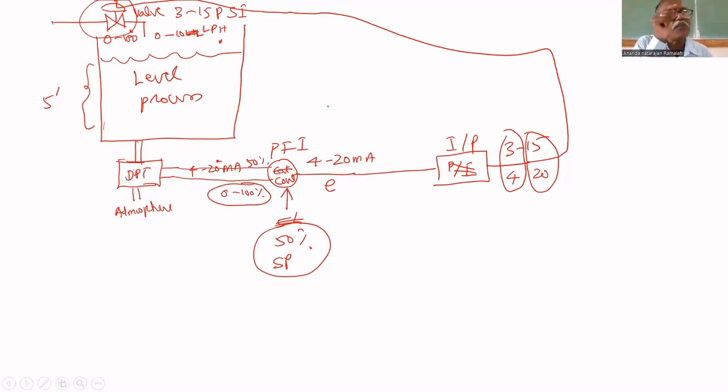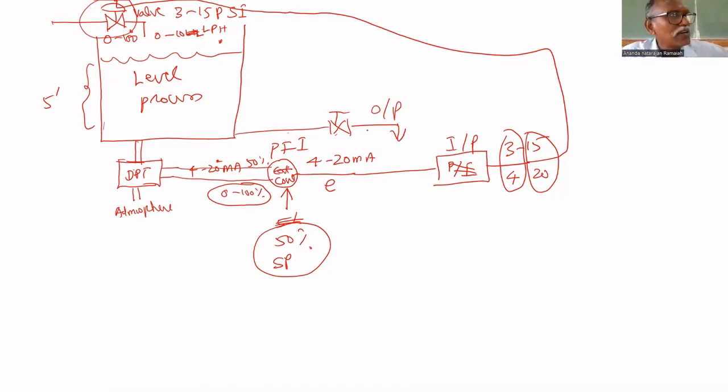But what is the input required? In the level process, I didn't put the outflow rate. Always there will be an outflow rate to the next process, through a valve that gives flow rate to the next process. You understand this point? I forgot to put this outflow rate. This is the output.